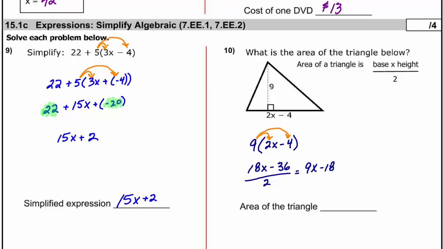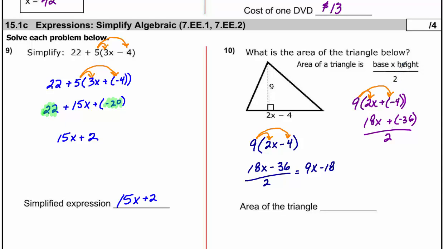If I did decide to do it by adding the opposite, I'd have 2x plus negative 4. I'd have the same rainbows. I'd have 9 times 2x. I'd have 9 times negative 4. So I'd have 18x plus negative 36. I have to divide all that by 2. Remember, that's what happens.